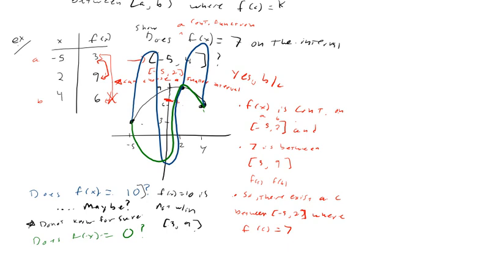It's definitely possible the graph can do all kinds of different weird things, but we cannot say for sure. And if we're not certain in math, we cannot say anything about it. So we would say unknown, or we can't tell, something like that.